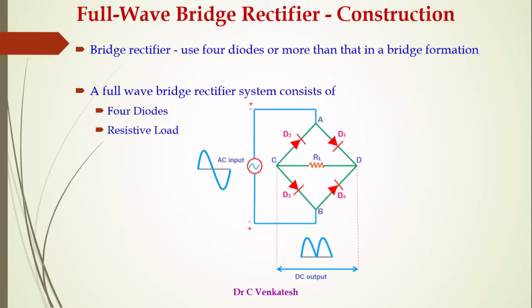A full wave bridge rectifier system consists of 4 diodes and a resistive load. The diodes, namely A, B, C, D, are D1, D2, D3 and D4, which form a bridge. The output is across the load, a pulsating DC output.